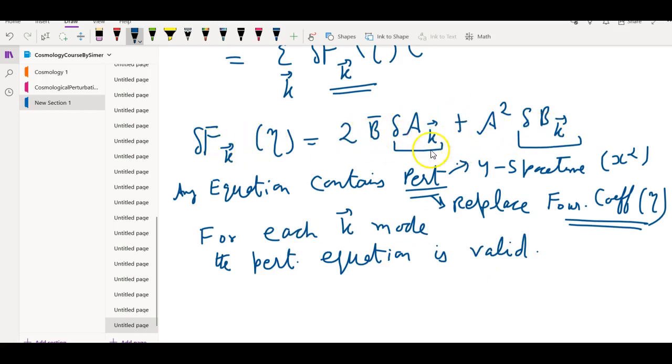This is just an example, but we will apply this when we are doing connection coefficients, Ricci tensor, Einstein equation.